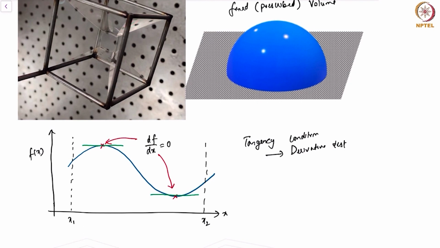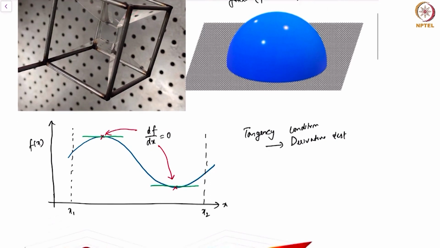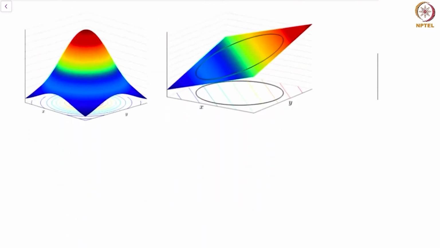Now how can I extend this idea to a function with a constraint? Let's first take a look at a function with two variables. Here on the left panel, what you see is a Gaussian function. The Gaussian function is defined like this. This is a function of two variables, x comma y, defined as e to the minus x squared plus y squared.